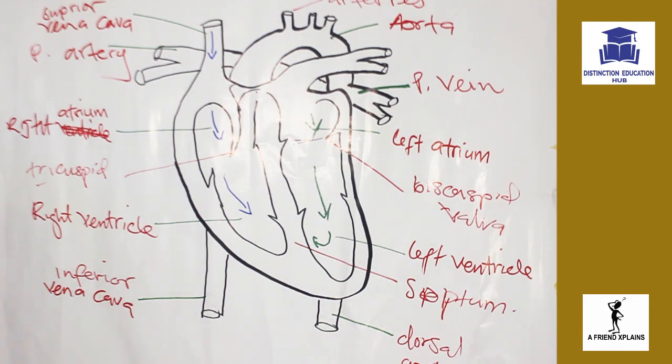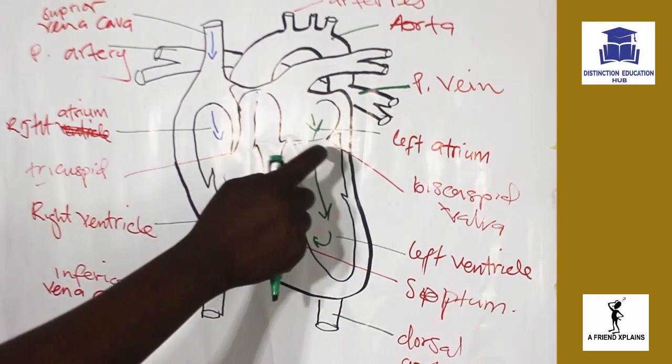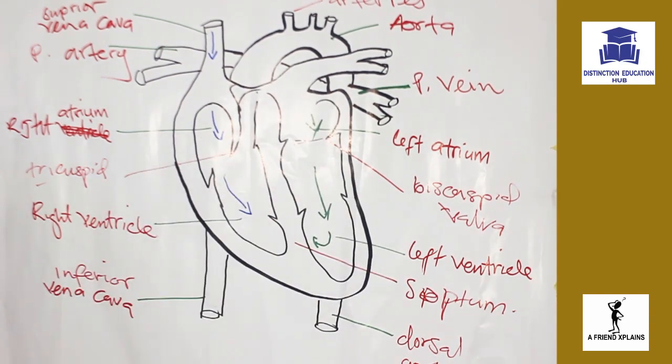This is just the basics that I needed to give you. Once that happens, the rings of the muscles around the vena cava and the pulmonary vein at the point where they enter the heart will contract, and this will prevent the backflow of blood. So these are what we call the valves, which prevent the backflow of blood.